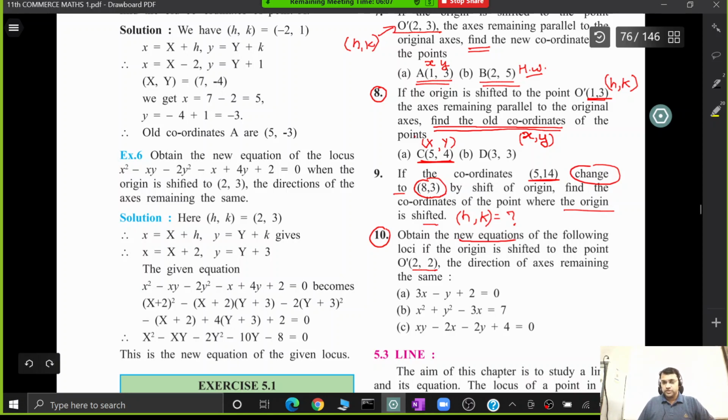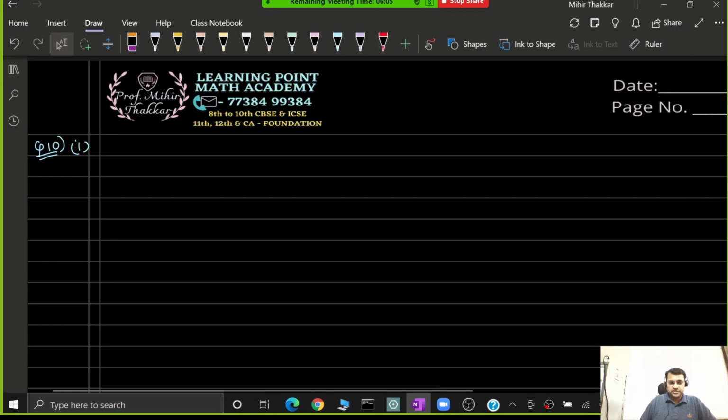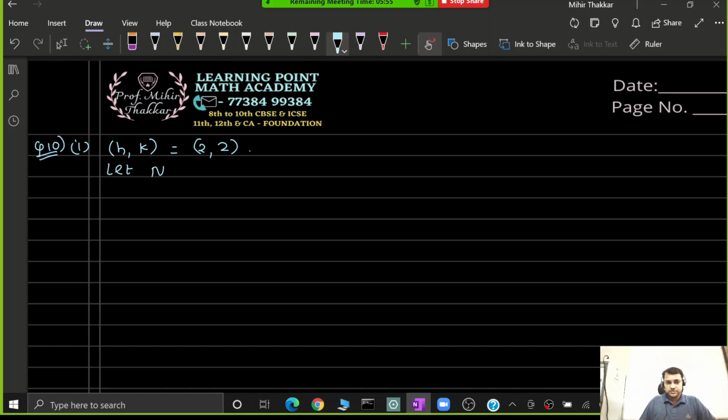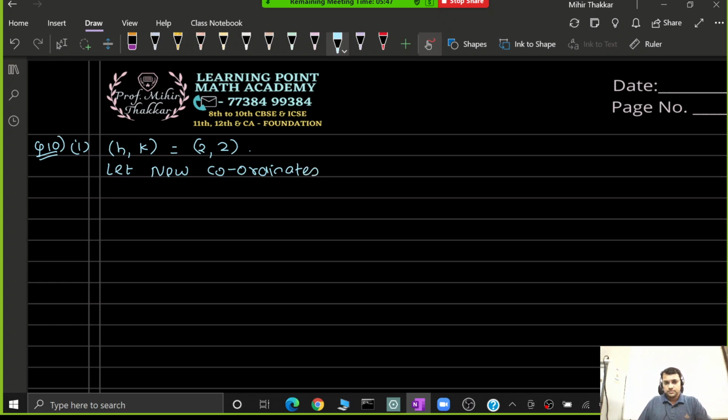We are given over here that new origin, that is h comma k, is equal to 2 comma 2. I will write over here, let new coordinates of the point be capital X comma Y.